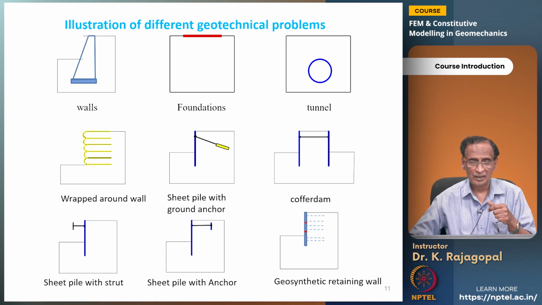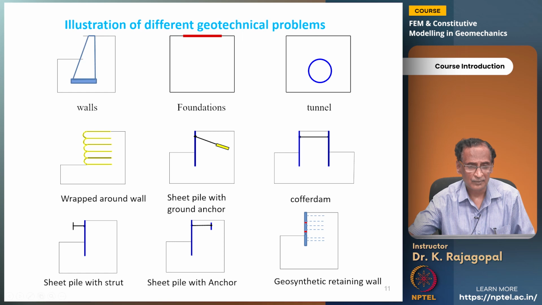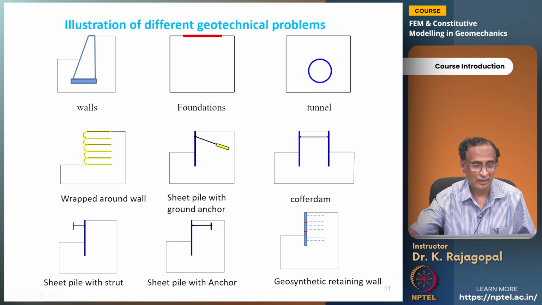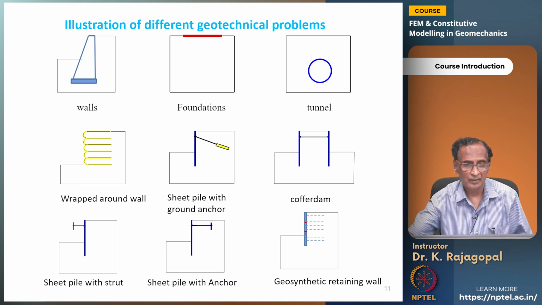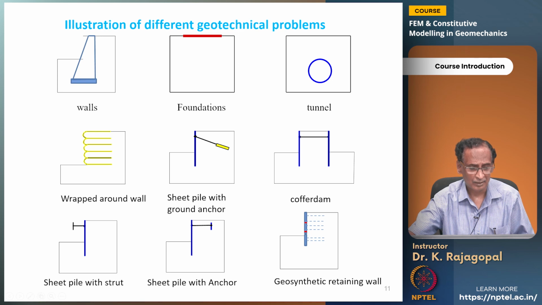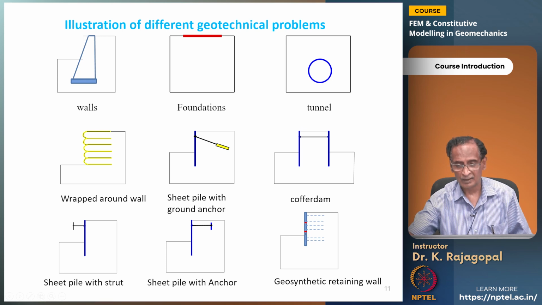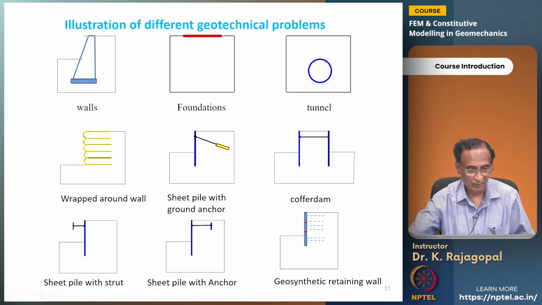So I am just giving you a sketch of some of the problems that we might be dealing with. We may have a stability analysis of a retaining wall. This could be either a gravity wall or a cantilever wall, and we may have a foundation problem, or we could have a tunnel, or we may have a retaining wall built with geosynthetics by wrapping around, or we may have a deep excavation supported by a sheet pile wall with a ground anchor, or we may have a coffer dam and a sheet pile wall with a strut.